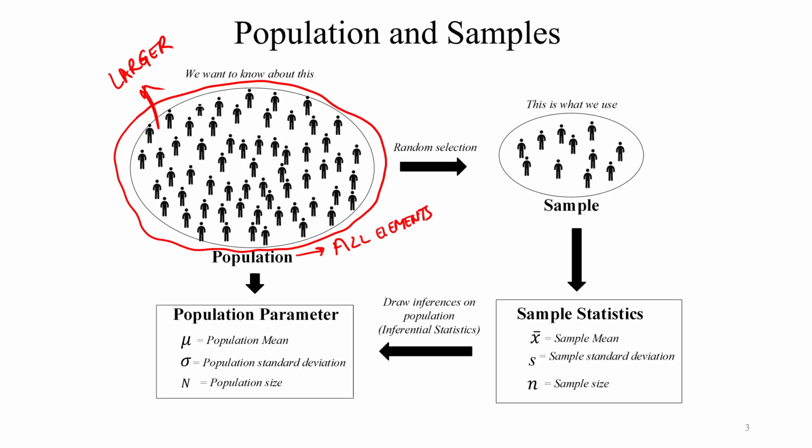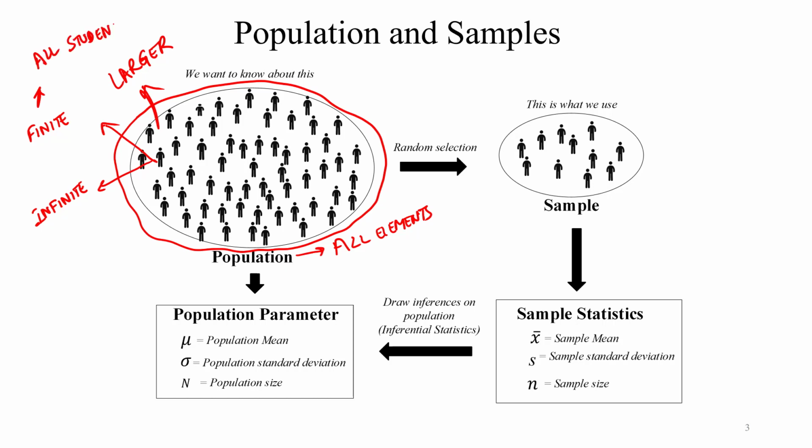A population can be of two types: a finite population or an infinite population. An example of a finite population would be all students in a statistics class.